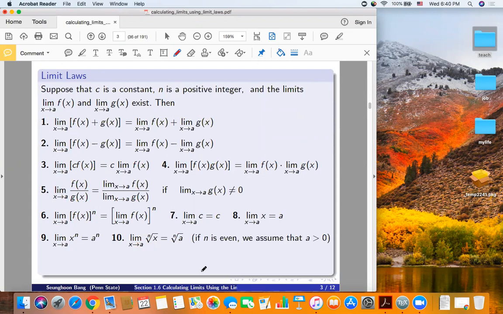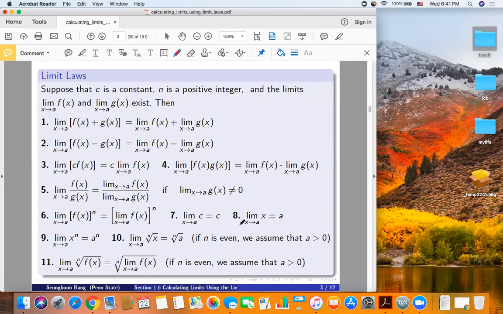We have it. In this case, if n is even, we assume that a is positive. Similarly, the limit goes inside: nth root of the limit of f of x as x value approaches a. This is the idea.